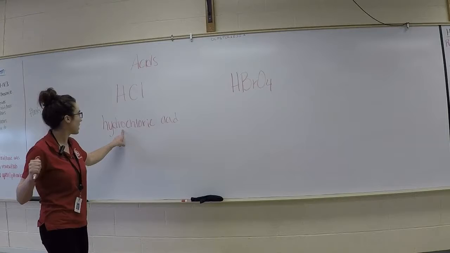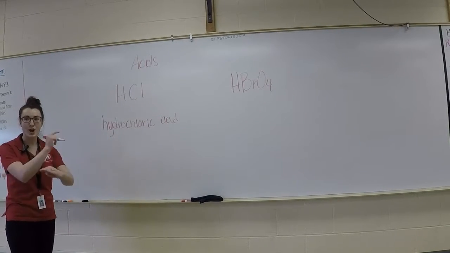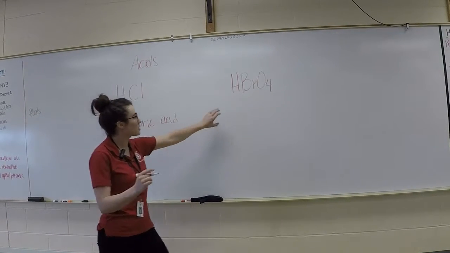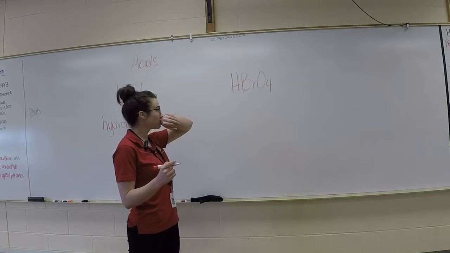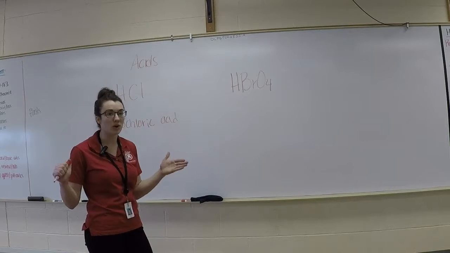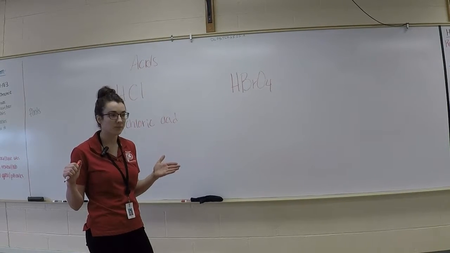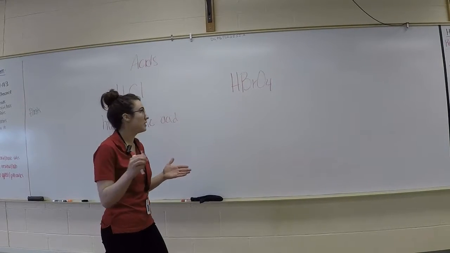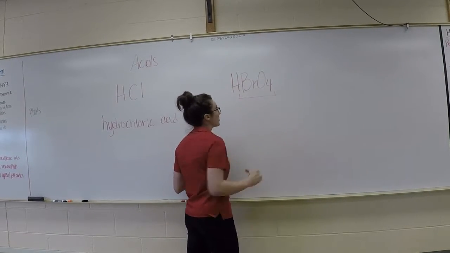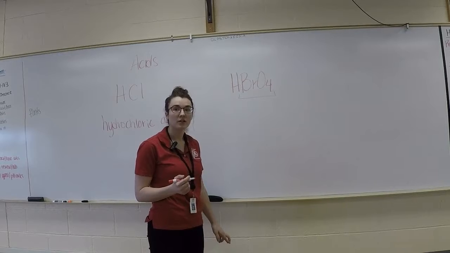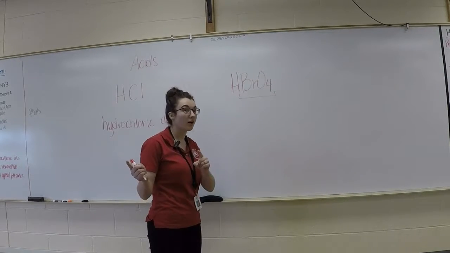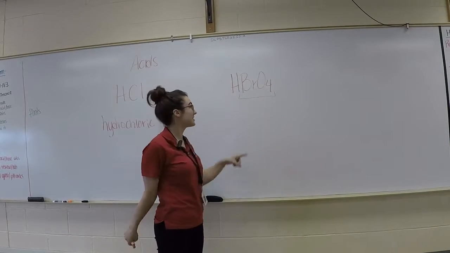And ternary acid. Do we ever use hydro as a prefix? No, we do not. HBrO4. All right, so we need to name the what first? Polyatomic ion. So what is BrO4? Perbromate. Yes, this is perbromate.